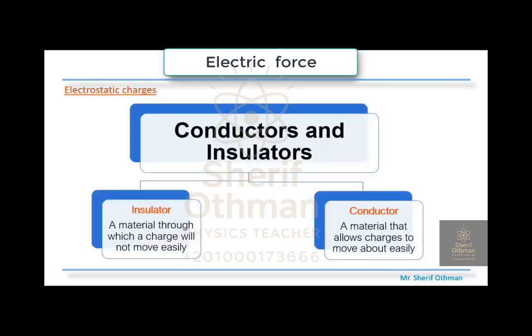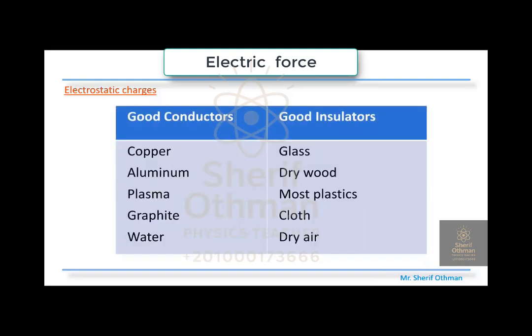So, insulators are materials through which a charge will not move easily, while conductors are materials that allow charge to move about easily. Good conductors are like copper, aluminum, plasma, graphite, water. Bad conductors are like glass, dry wood, most plastics, clothes, and dry air.